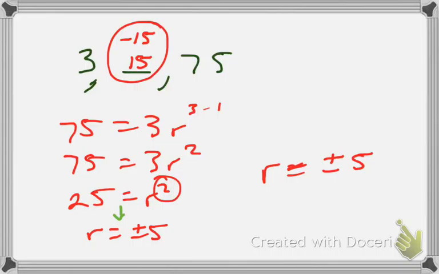So that's why it is probably not the best idea to guess and check on the ones that are geometric means, which is this type of problem, because you have to deal with plus or minus. Now, not every problem has plus or minus.